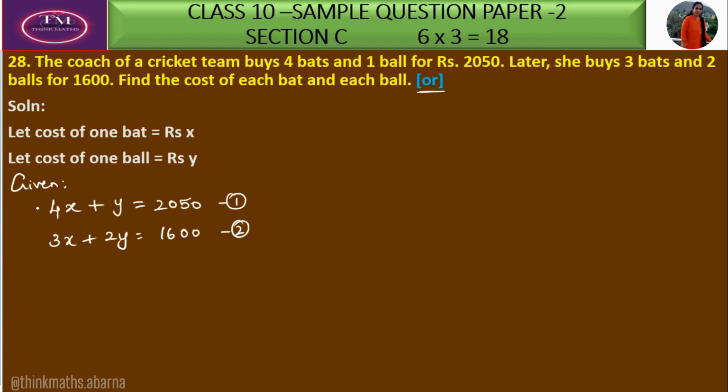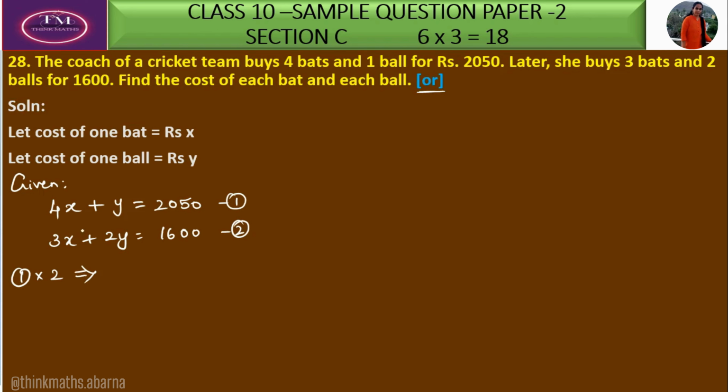That is, I am going to multiply the first equation by 2. As the coefficient of y is 2 in the second equation, I am making this equal. So I have to multiply the first equation by 2, so this y part will be equal. If I subtract, this y gets cancelled. So first equation into 2.